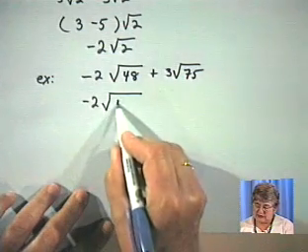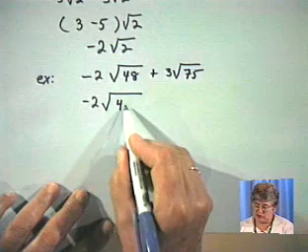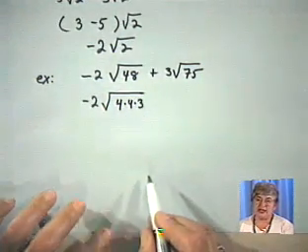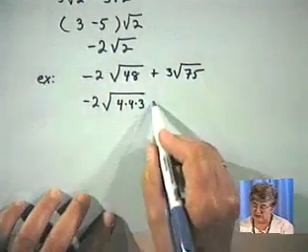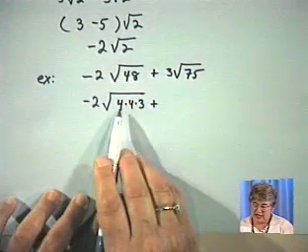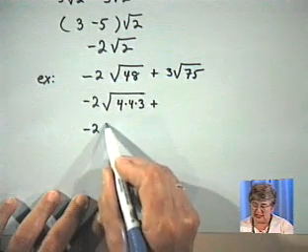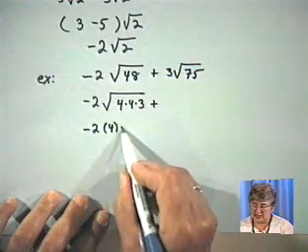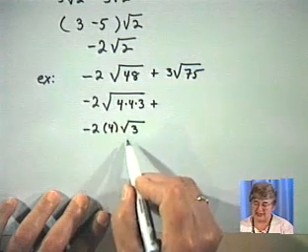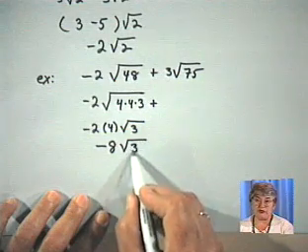And so we know that 48 is the same thing as 4 times 12. Let's leave the other radical for a moment and just work with this. Well, we have 4 times 4, that's a perfect square, so that can come out to the outside. So we'll have a 4 on the outside, the square root of 3 remains on the inside. So the first radical becomes a negative 8 times the square root of 3.